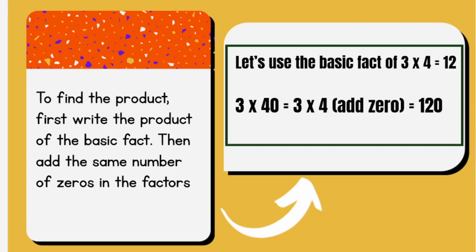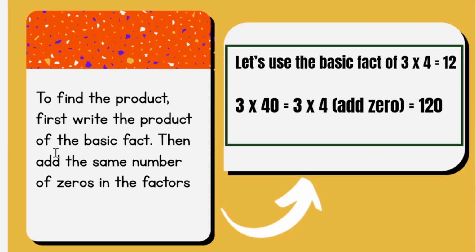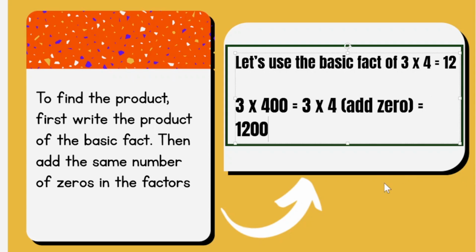Let's have this one. 3 multiplied by 400. This is another example. Let's add another 0 to this. This is 400, right? So which means we are adding 2 zeros at the end. Is that clear?